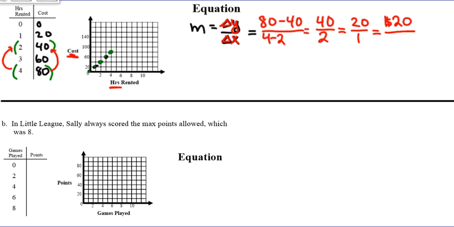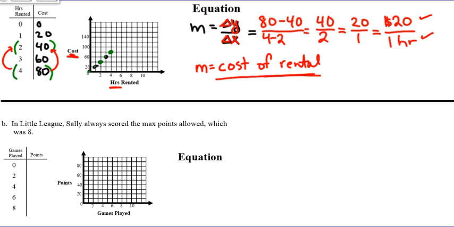So it's $20 over 1 hour. The slope isn't just some arbitrary value. The slope works out to be $20 for 1 hour. So slope works out to be the cost of the rental. That's not a coincidence. Slope is an important value for word situations.